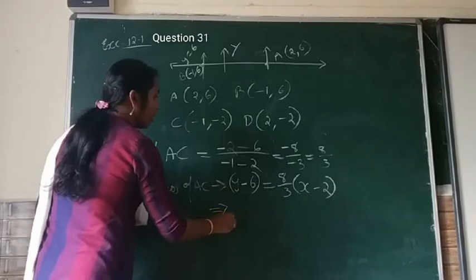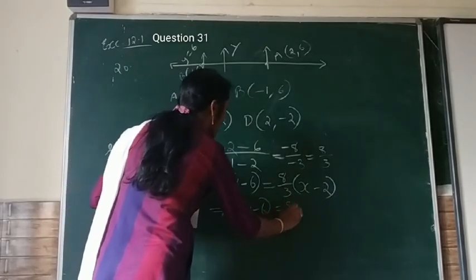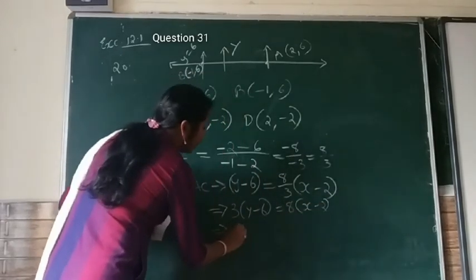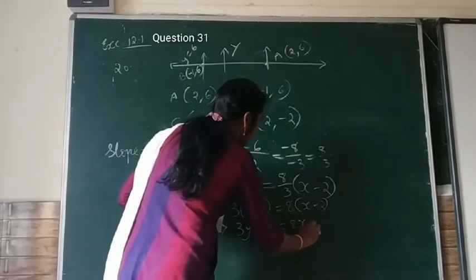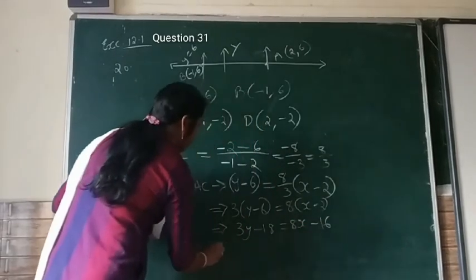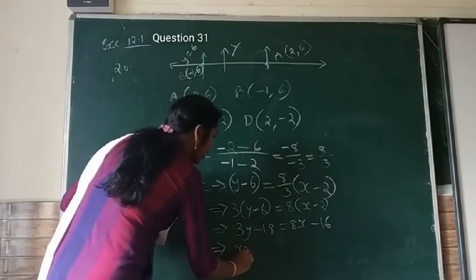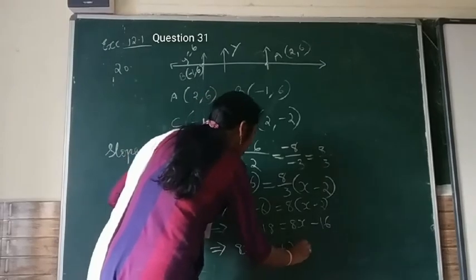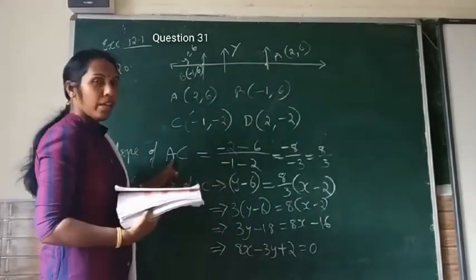Implies 3 into y minus 6 is equal to 8 into x minus 2. Simplifying, 3y minus 18 is equal to 8x minus 16, implies 8x minus 3y plus 2 is equal to 0. This is the equation of diagonal AC.